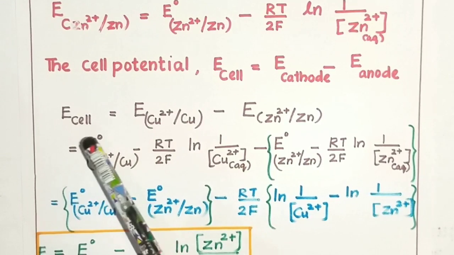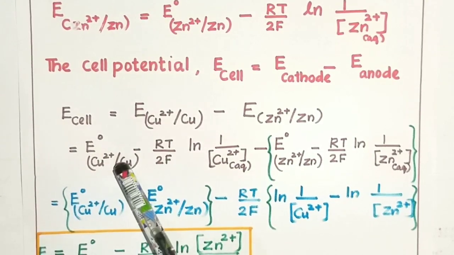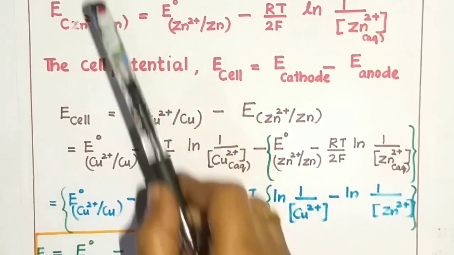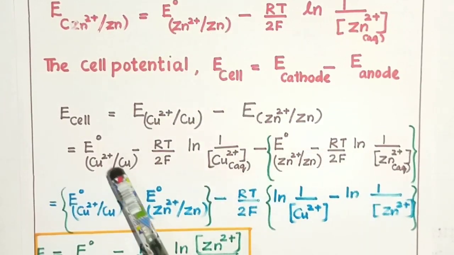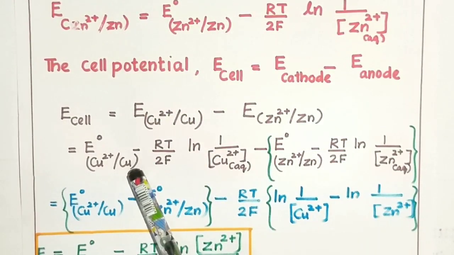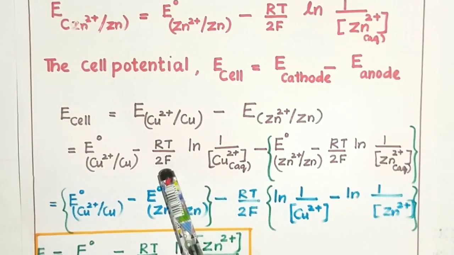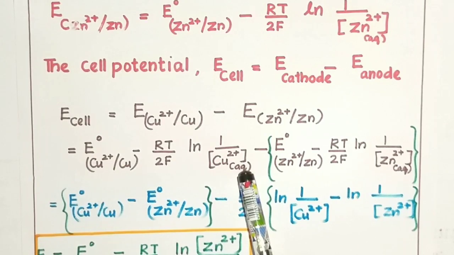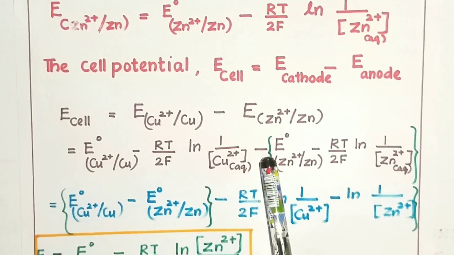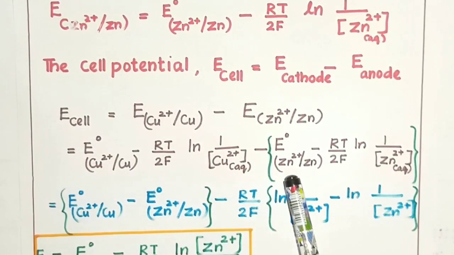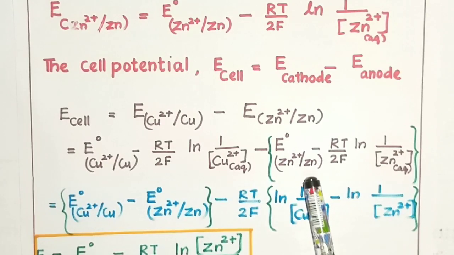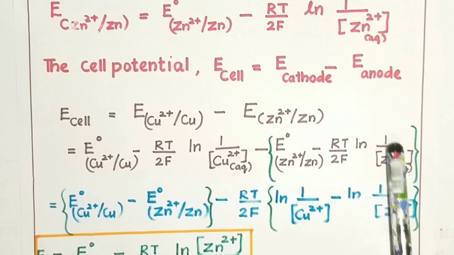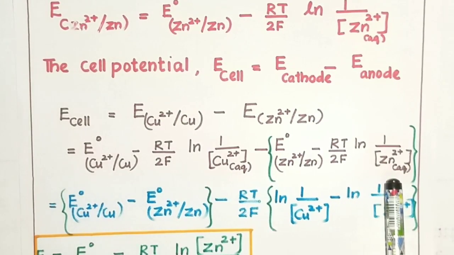Substituting the values, we get E cell is equal to E copper electrode, which is E0 of Cu2+|Cu minus RT by 2F into ln 1 by concentration of Cu2+ aqueous, minus the zinc electrode, which is E0 of Zn2+|Zn minus RT by 2F ln 1 by Zn2+ concentration.